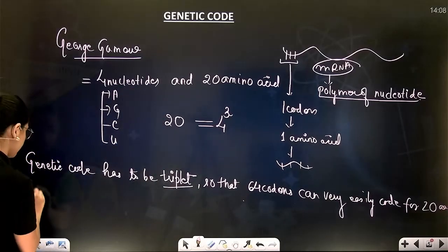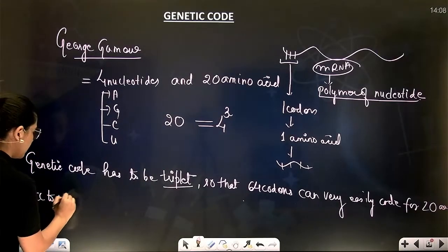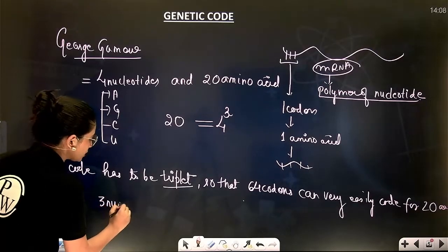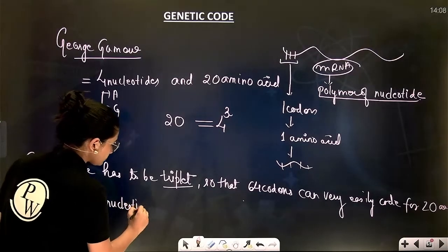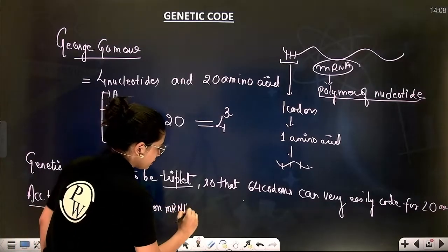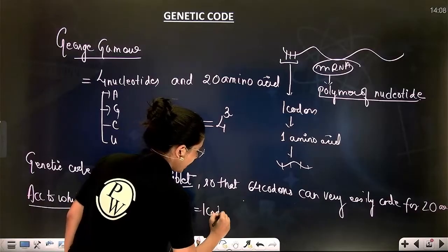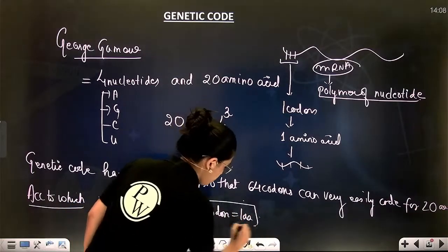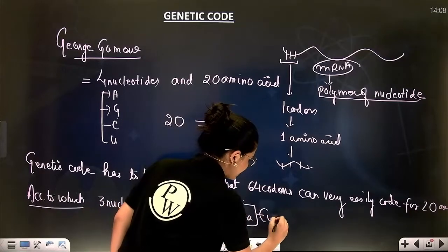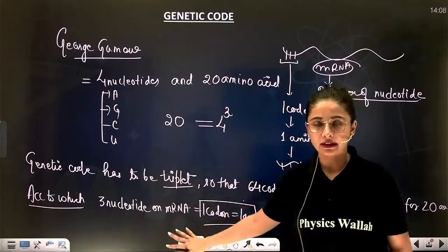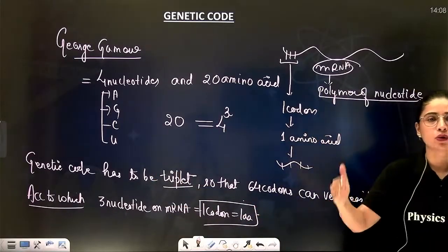According to which, if the genetic code is triplet, then 3 nucleotides on the mRNA chain will make one codon, and that one codon will code for one amino acid. This is the unambiguous property. I'll tell you later on. So right now, have you all understood why the genetic code is triplet?